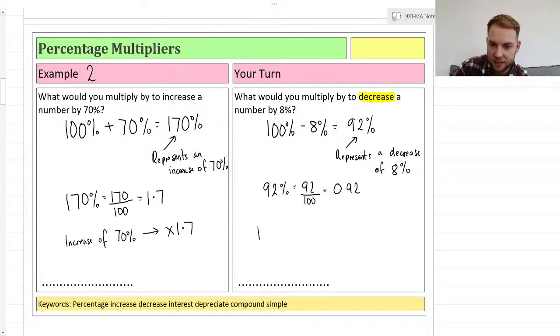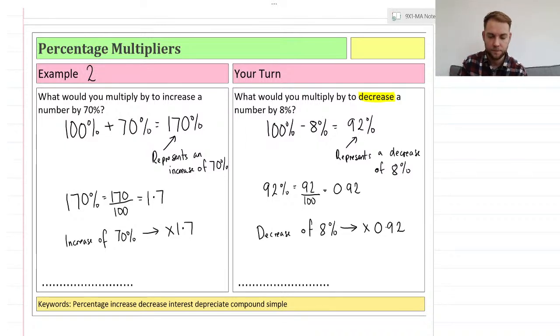So if I wanted a decrease of 8%, that would be times by 0.92. So notice these are increase and decrease ones now, so they're very slightly different. I'll give you a second to get those down.